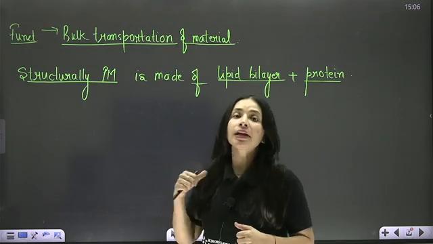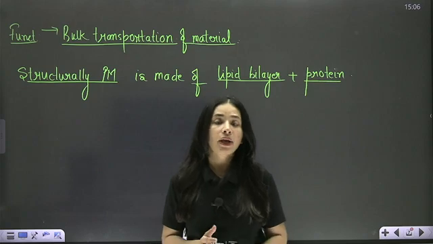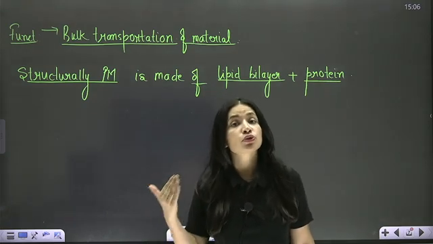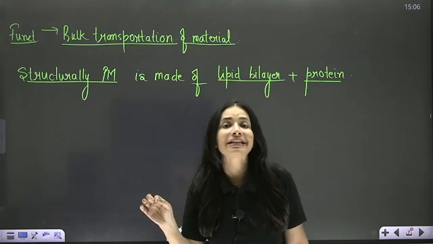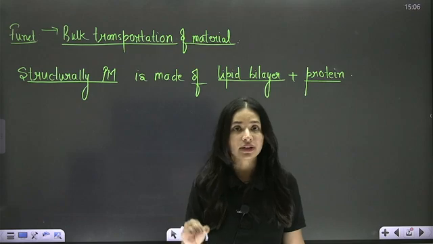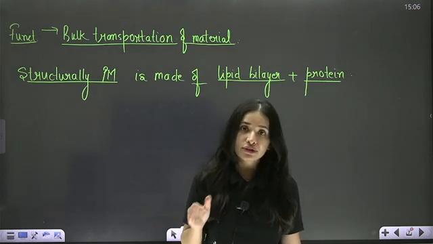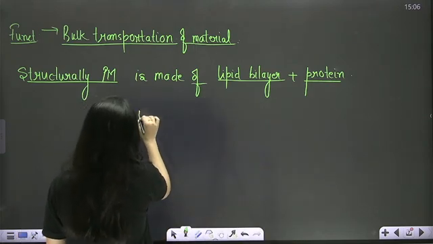So the same thing happens with the prokaryotic plasma membrane being living. It can perform so many more functions by modifying itself. So now I am going to teach you further modifications of plasma membrane in prokaryotic cell.